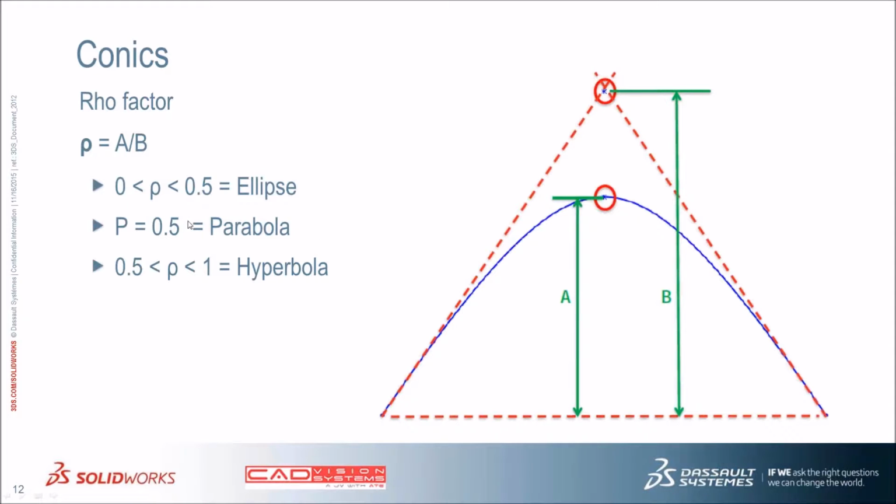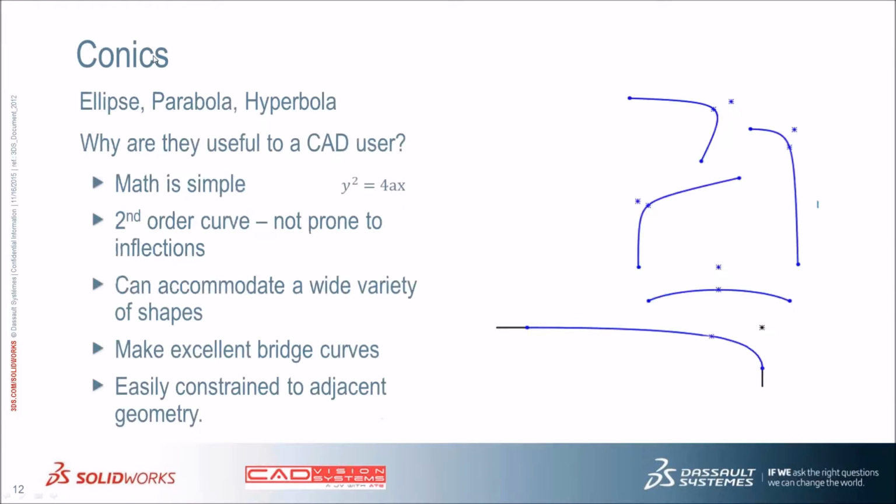If the range is between 0 and 0.5, this will generate ellipses. If it's exactly 0.5, it is a parabola. And if the rho is between 0.5 and 1, it will generate a hyperbola. So the rho factor is the value used to control conics in SolidWorks.